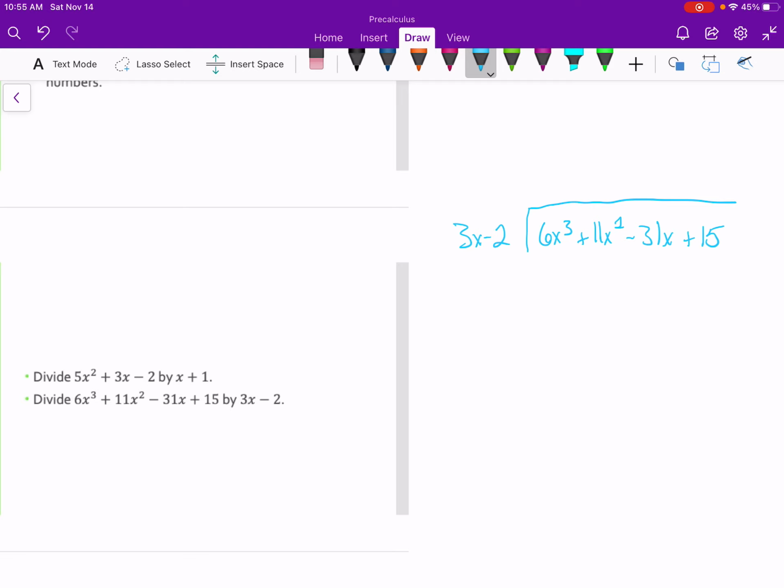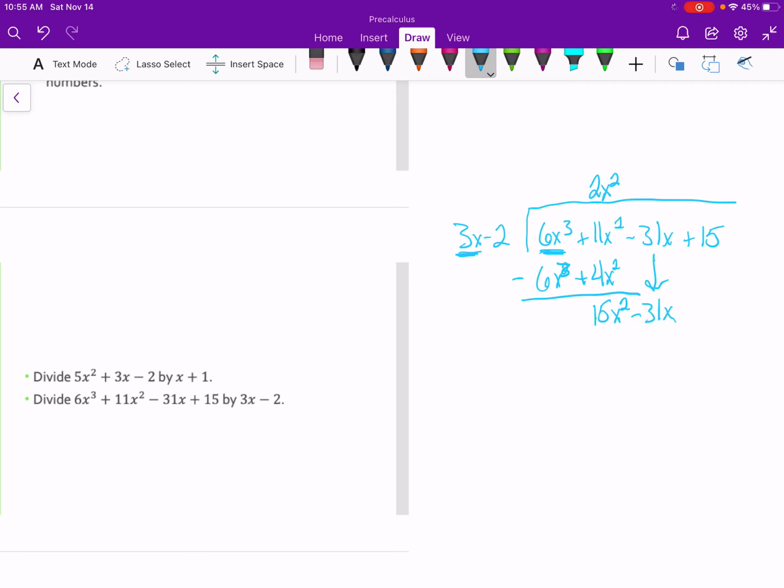So same thing, what do we have to multiply 3x by to get 6x cubed? Well, I know I need to multiply by 2x squared. So we get 6x cubed, 6x cubed, and then minus 4x squared. Change your signs. So we get 15x squared. Bring down your negative 31x.